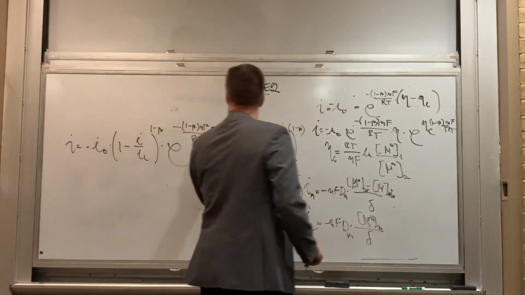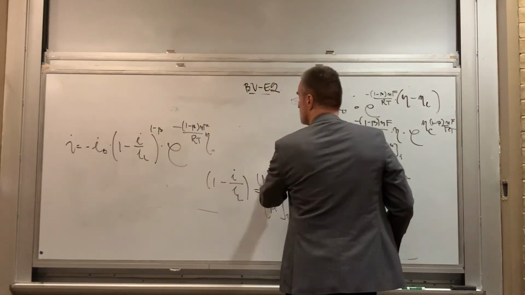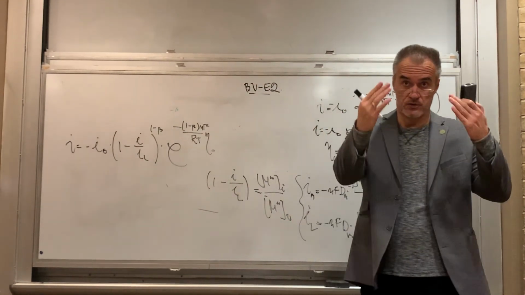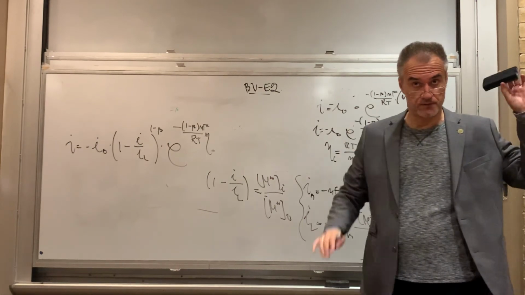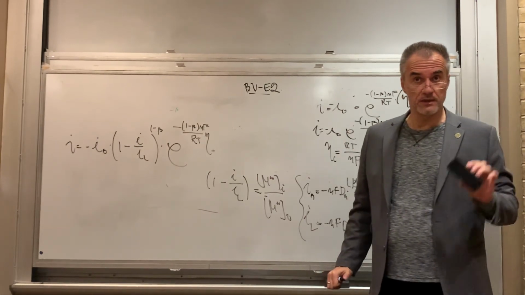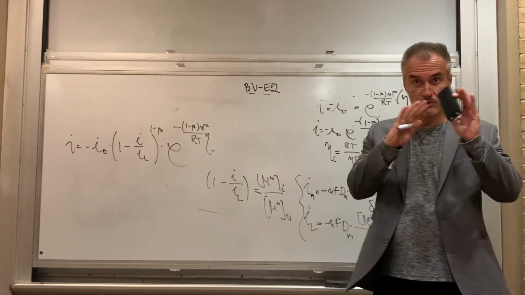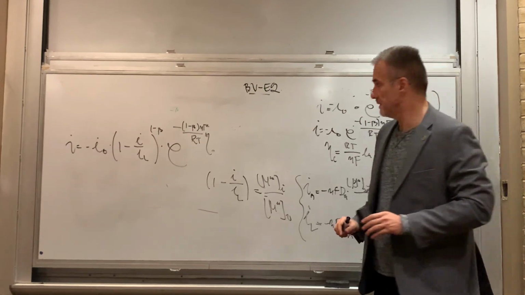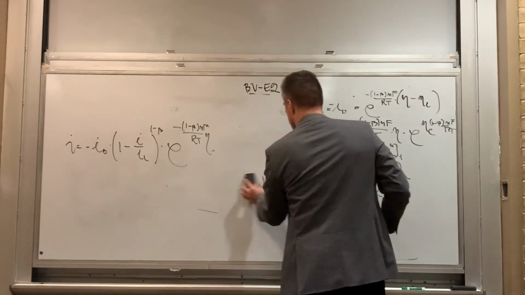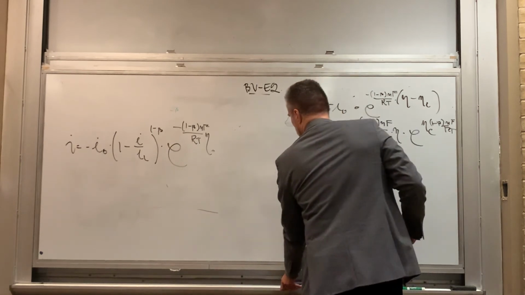So this eta is defined with respect to the true equilibrium, when we have the interfacial concentration equal to the bulk, because nothing really happens. So that's pretty much the end story, okay?